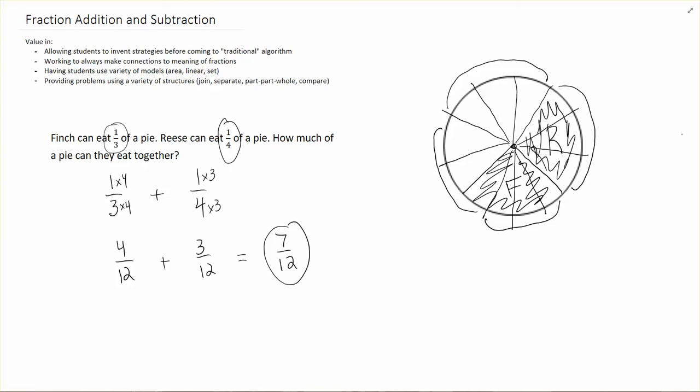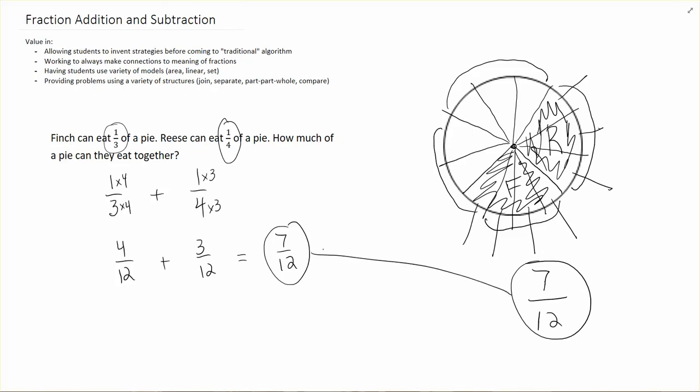And so all together, how much are they eating? 1, 2, 3, 4, 5, 6, 7 pieces. How big are my pieces? Well, if I count around the circle, 1, 2, 3, 4, 5, 6, 7, 8, 9, 10, 11, 12. I've cut it into 12 equal pieces, and together they can eat 7/12.